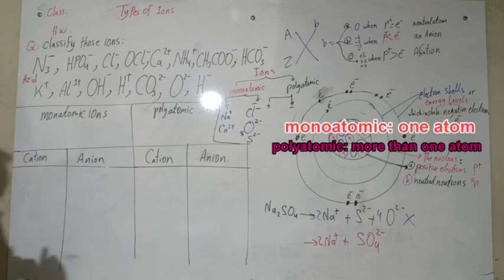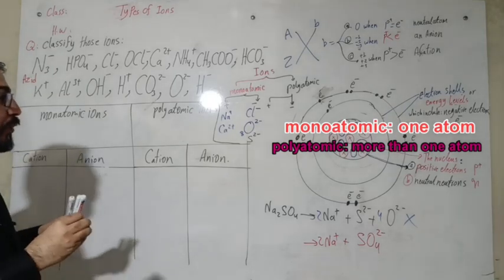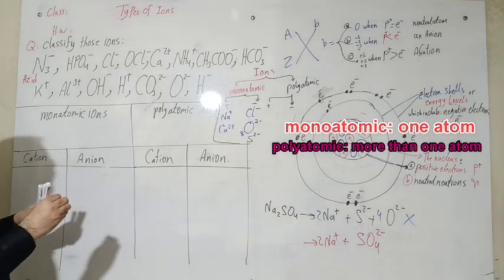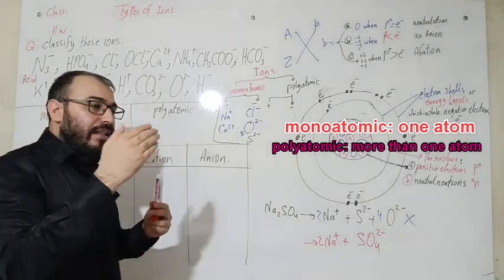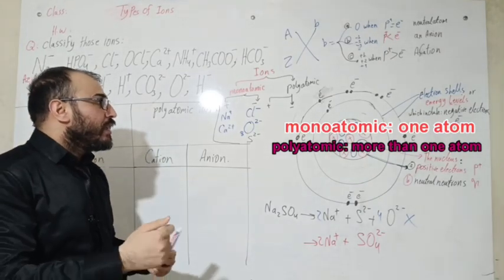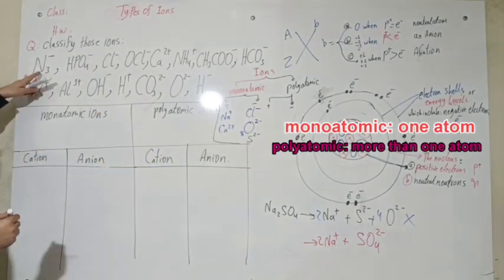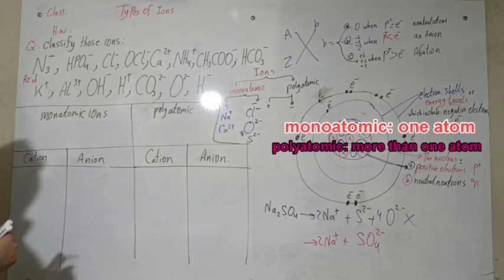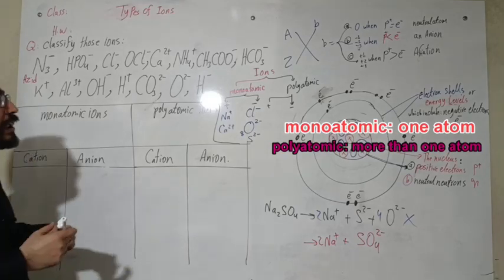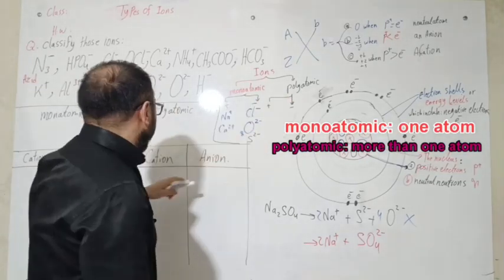And one of my students in the class told me, teacher, this is a monoatomic ion. Why? Because we have 3 atoms of nitrogen. And this is not correct, my friends. We said that a monoatomic ion is one atom that either has lost or gained electrons. Here we have 3 atoms together, and they refuse to be separated ionically, and they are polyatomic.